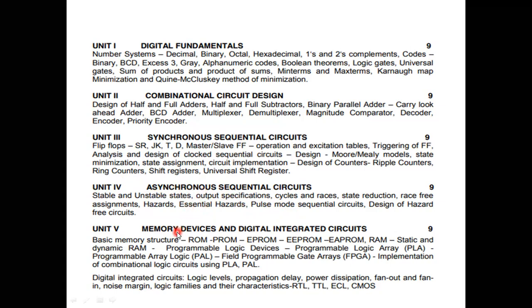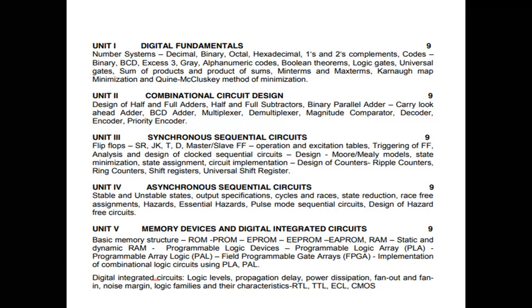So in Unit 5, we will deal with memory devices and digital integrated circuits. The first part is we'll see various types of memories, how they are formed, how they operate, and what are the different types of programmable logic devices that can be made.